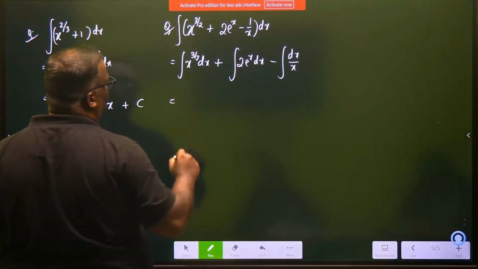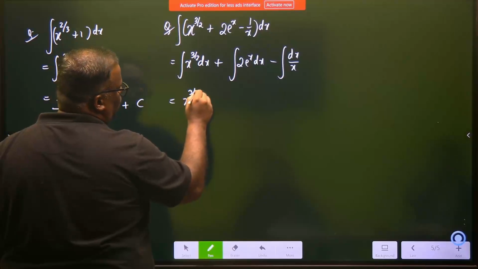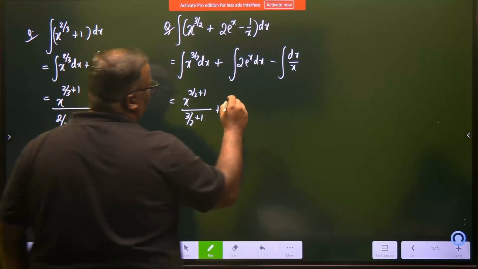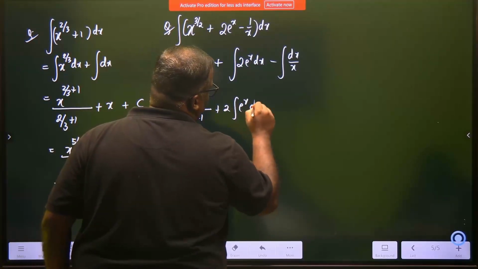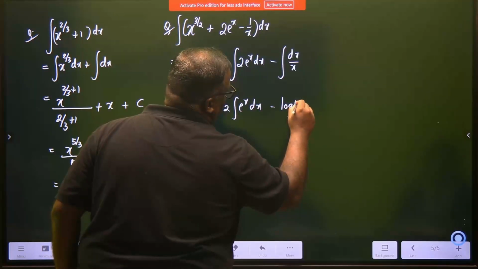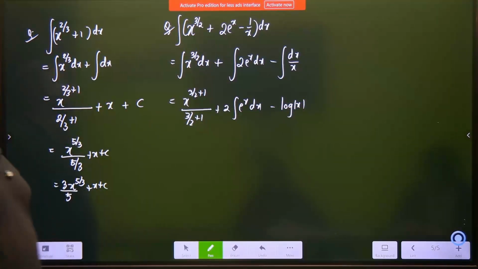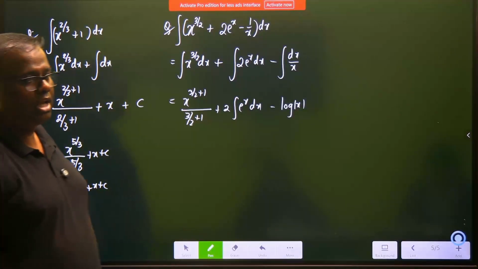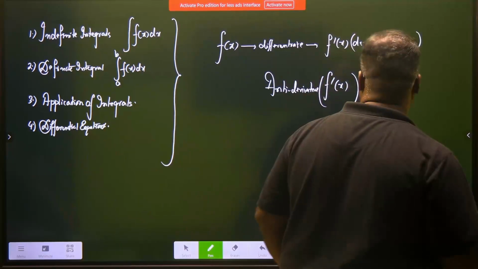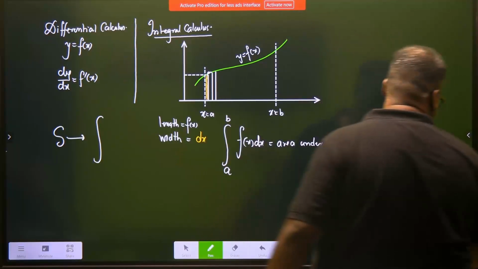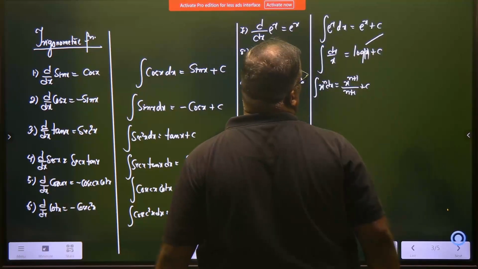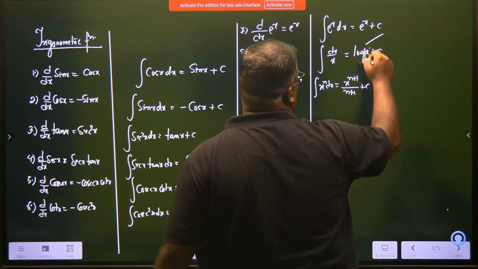First one will become what? X to the power 3 by 2 plus 1 divided by 3 by 2 plus 1 plus 2 integral e to the power x dx minus, this is what? Log of x. And log x, when we write, always put the x in modulus, because log can never be done of negative numbers. In fact, I should have also changed my first, where it's gone. Yeah, it's log modulus x, okay? Log of mod x.